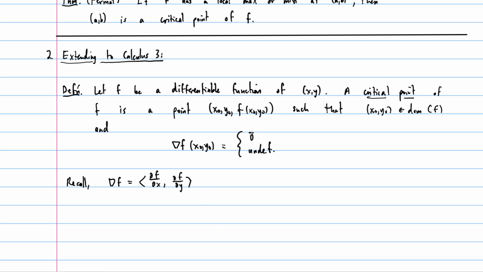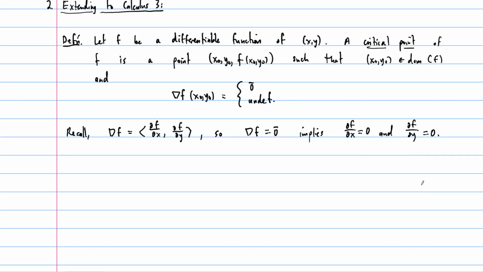And so if this is going to equal the 0 vector, then what does this mean? Since this is the formula for the gradient, the gradient of f equal to the 0 vector implies that both partial derivatives are 0: df by dx is equal to 0, and at the same time df by dy is equal to 0.